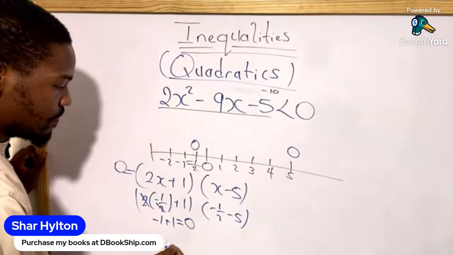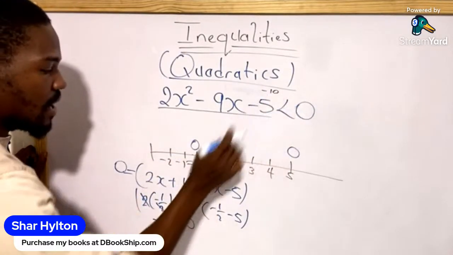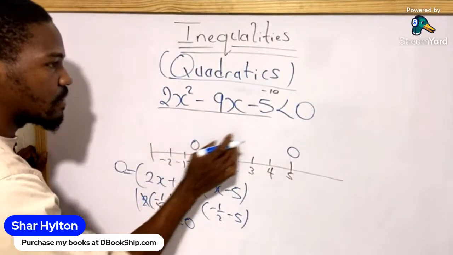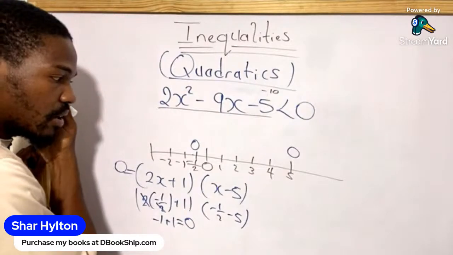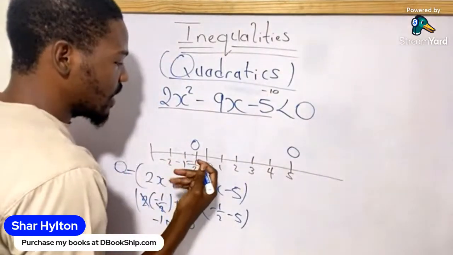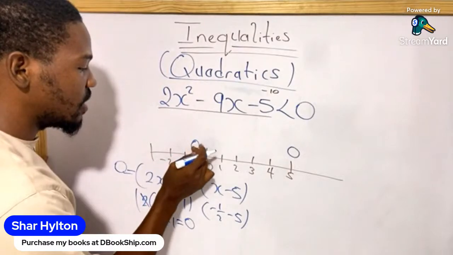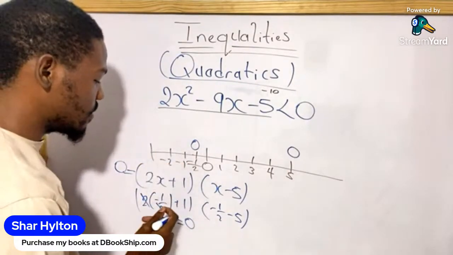But anyways, that would be saying that if x was a half, the value of this would actually be 0, right? Now, if we choose to see if x was less than negative a half, what will that give us?